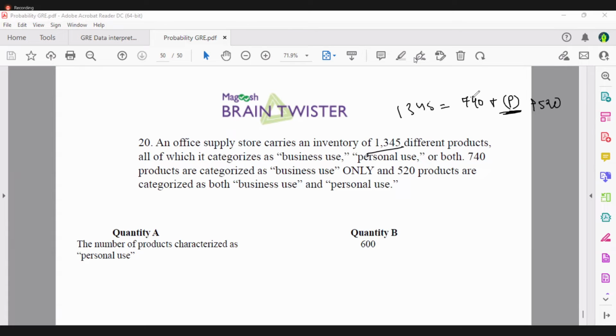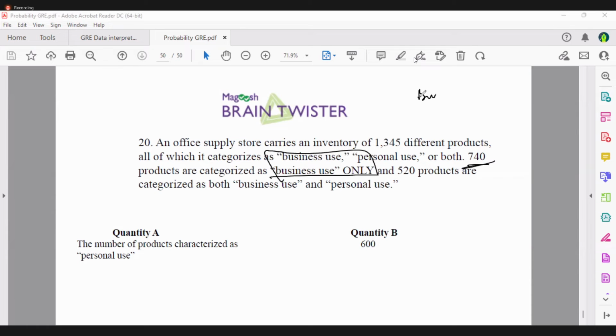Wait a second. In the equation, it is saying 740 as business use only.